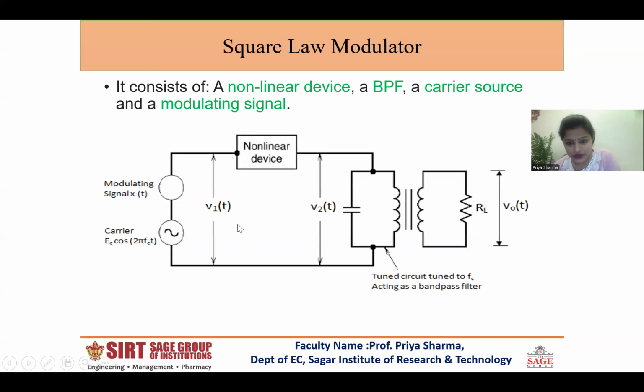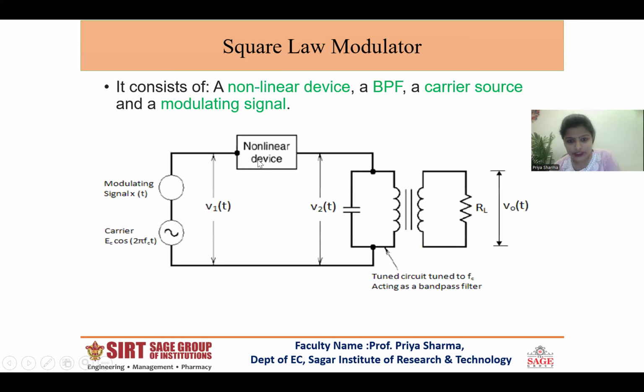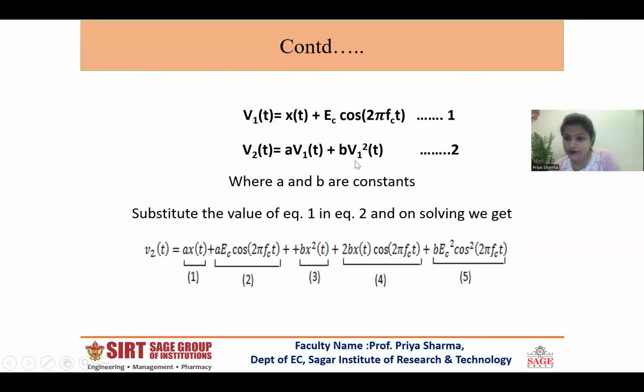Here is a short derivation. v1(t) is given as x(t) plus Ec cos 2π fc t, that is the message signal and the carrier signal, and v2(t), the output of the nonlinear device, is given as a v1(t) plus b v1 squared(t). Here a and b are constants.